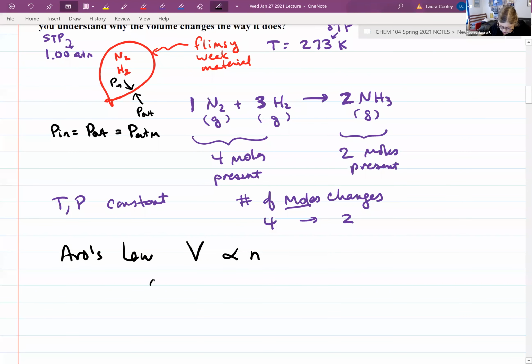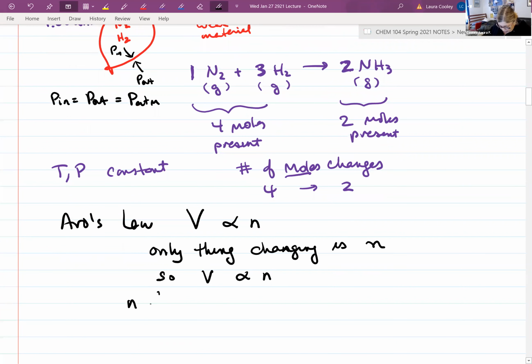And the only thing changing is N. So V is going to be proportional to N. And so if N drops, that means that the volume is going to drop. Not only do we know it's going to drop, we know it's going to drop by a factor of 2.